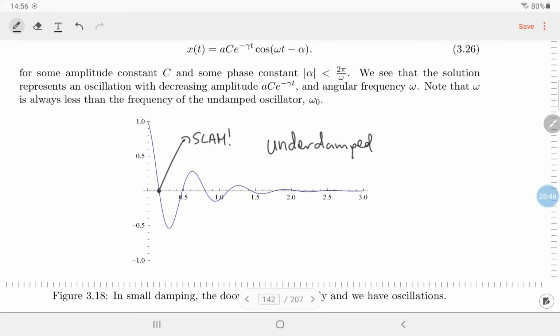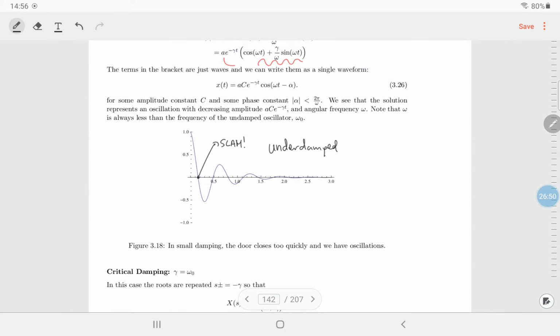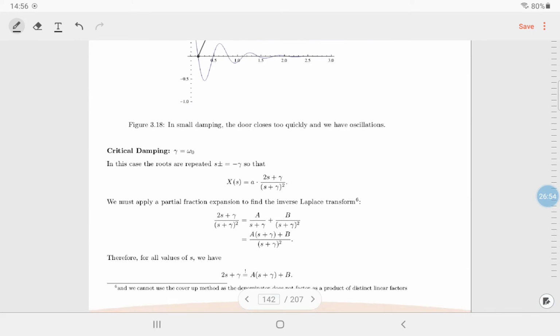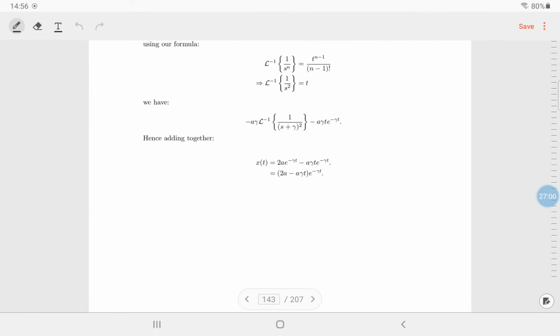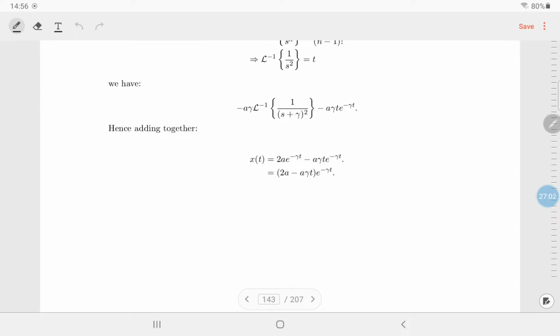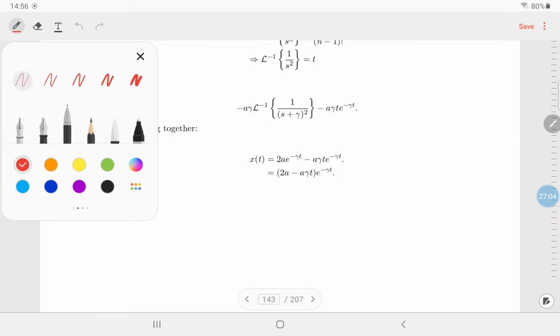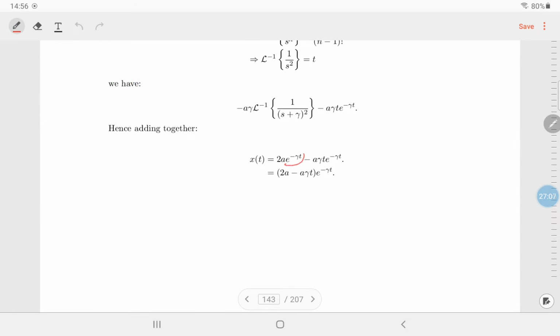Now there is somewhere in between two real roots and no real roots, and that is one real root repeated, and that's the critical damping. So this is like the question that we're actually stuck in the middle of. And so what happens here is that now there's an extra t term, but we won't worry too much about that, but give or take, these are the same speed.